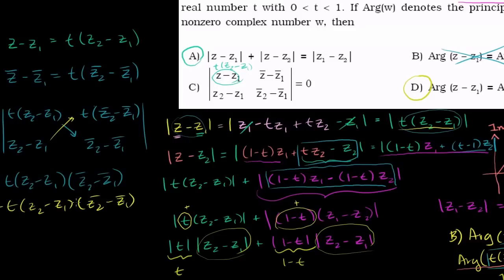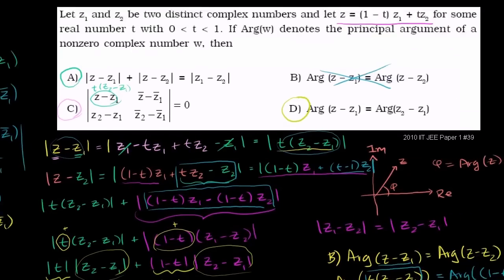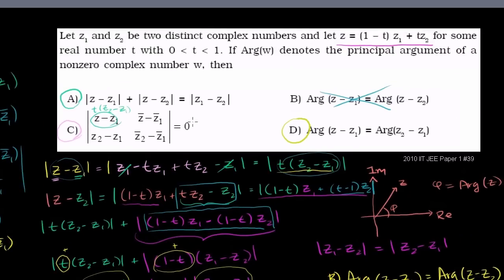Now, this is exactly equal to this. These things are obviously going to cancel out, and we're clearly going to get 0. So C is also true. So the correct answers to this original problem were A, C, and D.